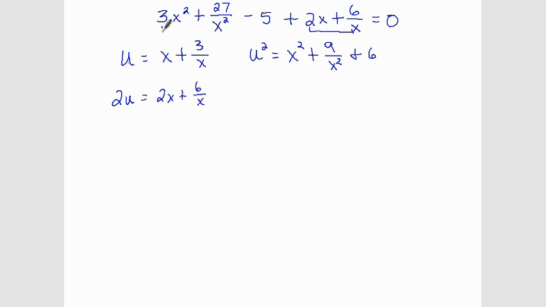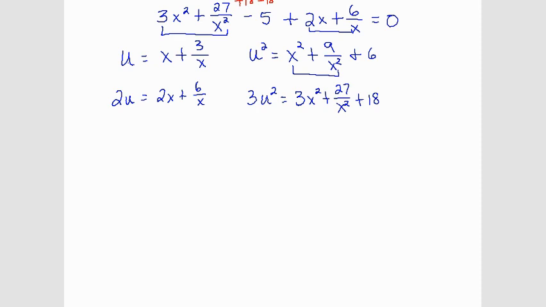And then this right here looks like it's 3 times this thing right here, so 3u squared is equal to 3x squared plus 27 over x squared plus 18. So let's substitute these in. I'm going to have to put in a plus 18 and then a minus 18 into this right here so that I can simplify everything correctly.